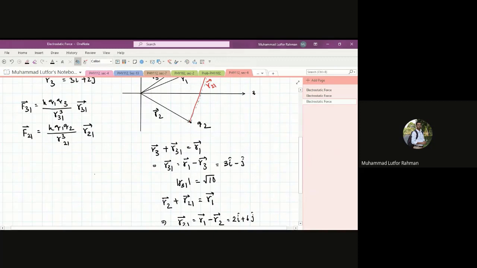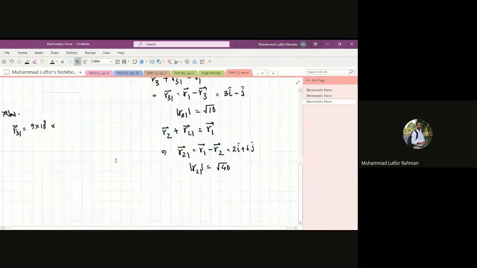Now I'm going to find the magnitude of the force. Let's start. First of all, I'm going to write the F31 vector, which will be 9 into 10 to the 9, the Coulomb constant, and Q1 and Q3: Q1 is 5, Q3 is 10. So 5 into 10 to the minus 6, into 10 into 10 to the minus 6, divided by R31 cubed. R31 is root 10 cubed into the R31 vector, which is 3i minus 6j.